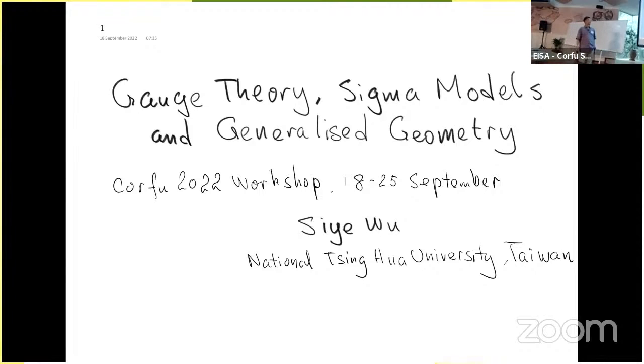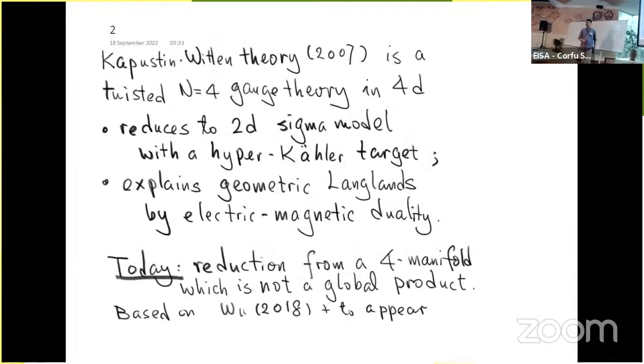So I will talk about some physical models of gauge theory and sigma models and the relation to generalized geometry. More specifically, the gauge theory in question is Kapustin-Witten theory. This is a twisted version of N=4 gauge theory in 4 dimensions.